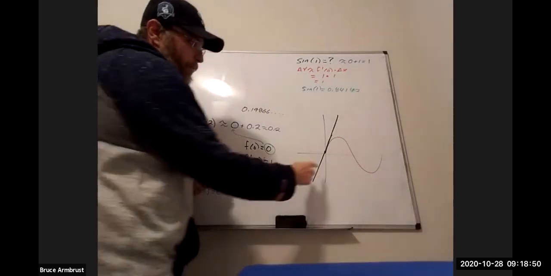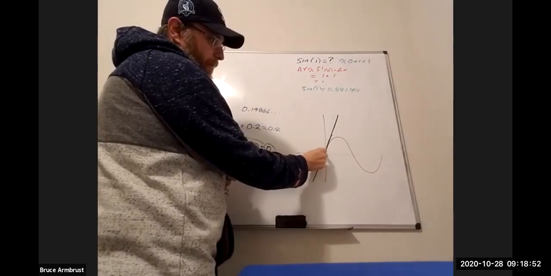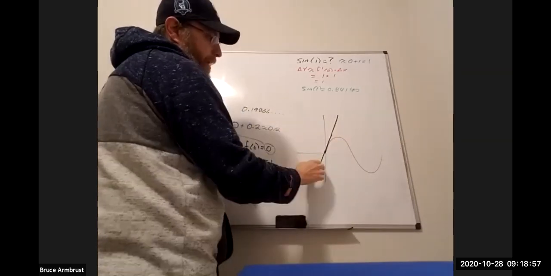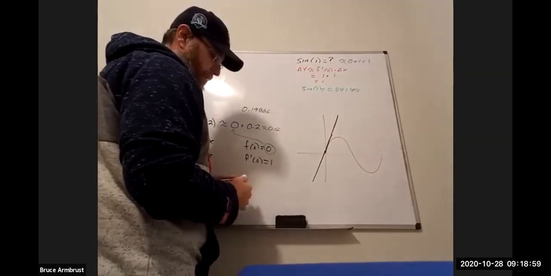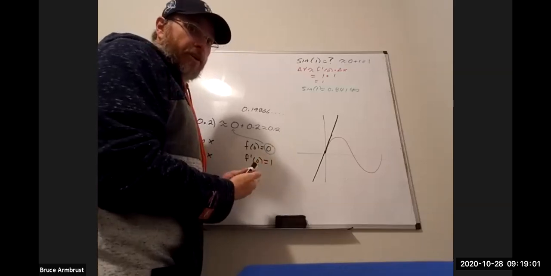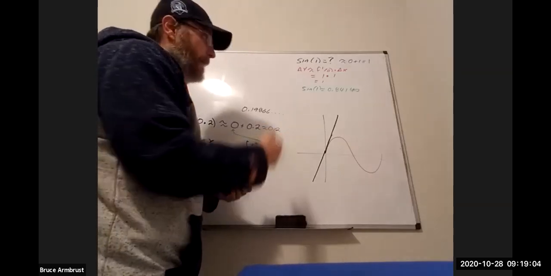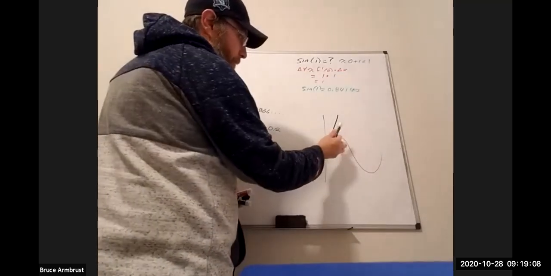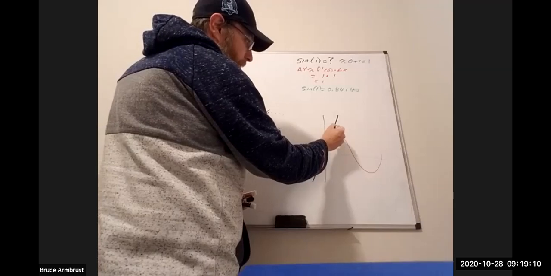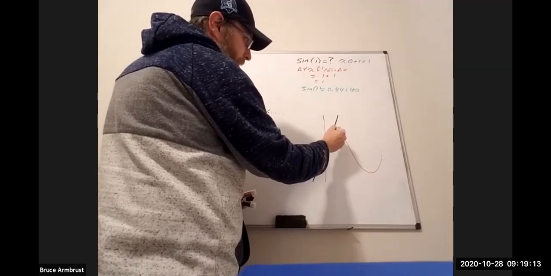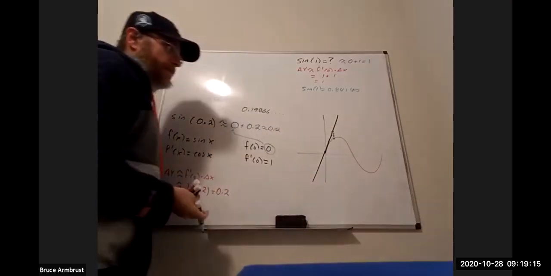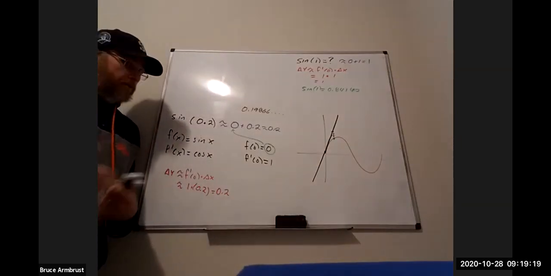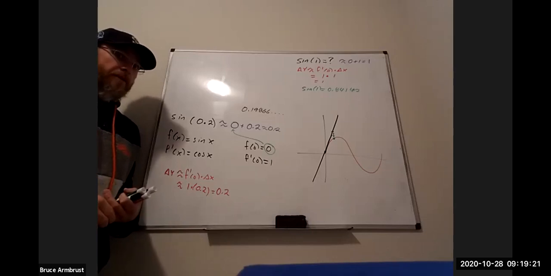You can see that when we are close to 0, even on my graph, the black line and the red sine are really close to each other. But eventually, they start splitting. And that's what happened here. Now that we're out at 1, we're far enough away that we're starting to see this discrepancy, the fact that those two values are considerably different.